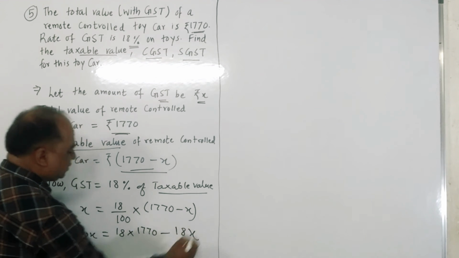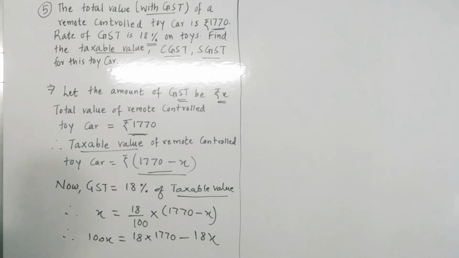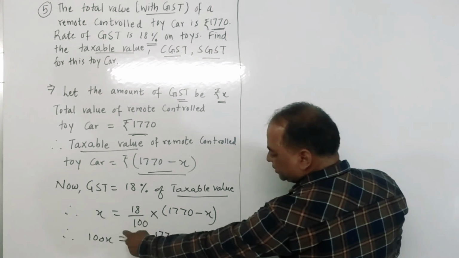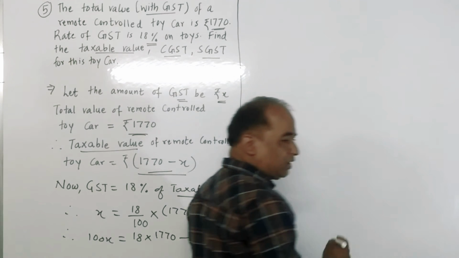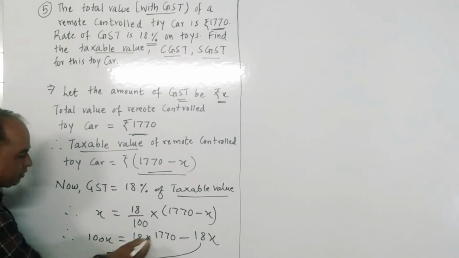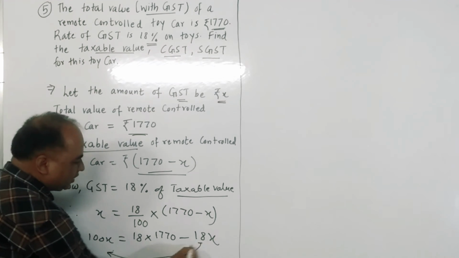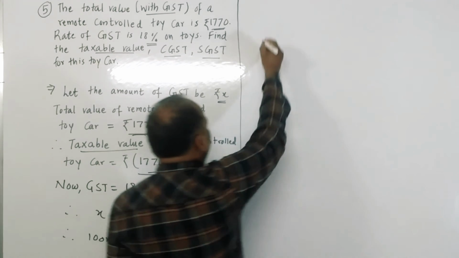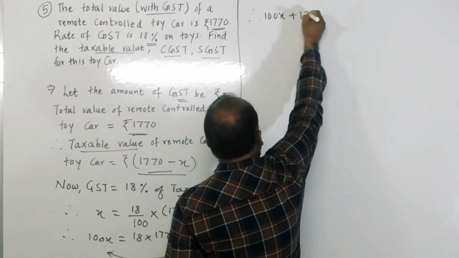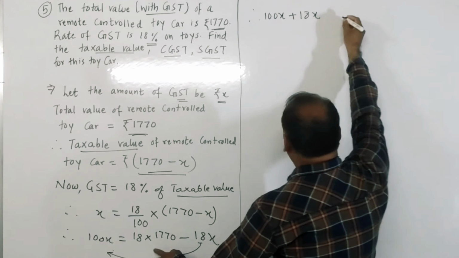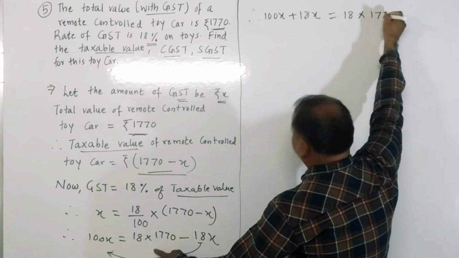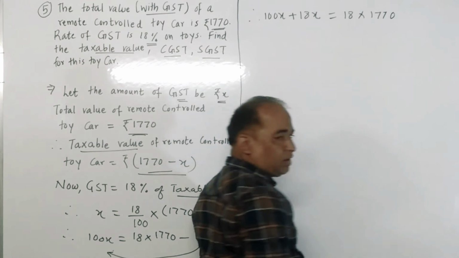18 into X is 18X. Therefore, take this 18X on the left hand side of the equal to sign. It will become plus 18X. So 100X plus 18X will be equal to 18 into 1770.